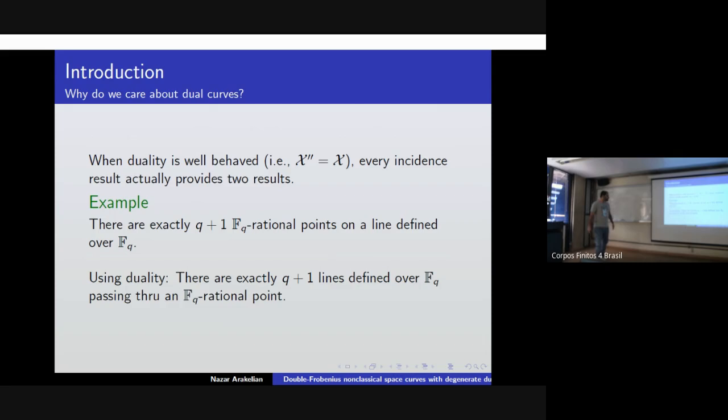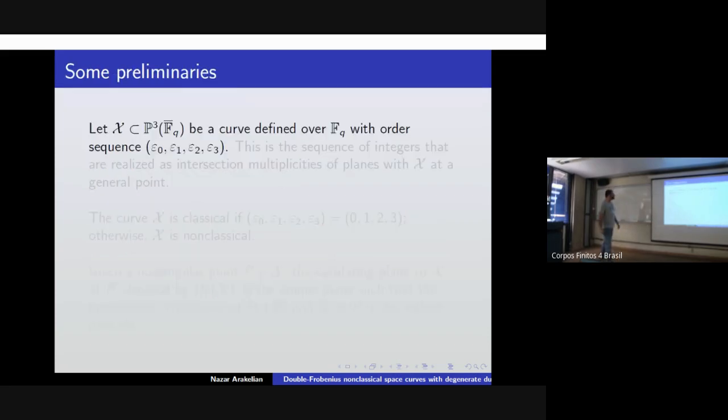Okay. So that's why I'm studying this. In particular, I study this for double Frobenius non-classical curves. I will get there and give this definition. First, some preliminary results. This was just an introduction, the preliminaries start now.